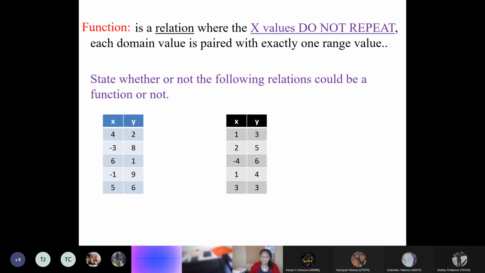Keelan. Yes, they repeat. What repeats? The x. Which x? Which one repeats?